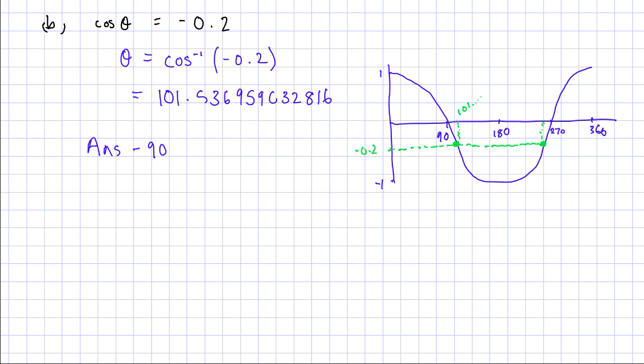And then that gives me 11.5369 and so on. So this is the distance here, so it's 11 point something, and then if I take away this number from 270, I should get my answer. So I'm going to do 270 take away this answer here.